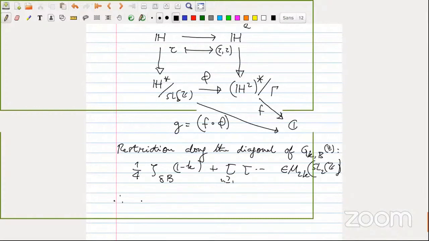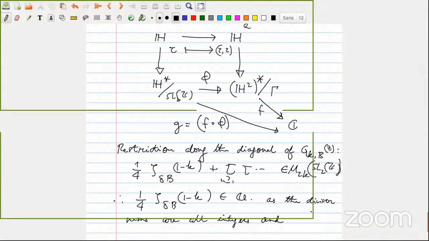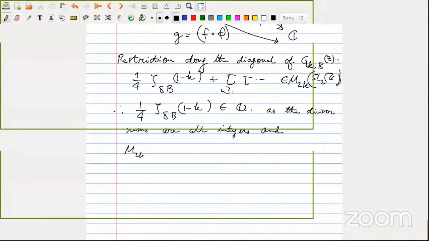So therefore 1/4 times zeta of 1 minus k belongs to Q. This is because the divisor sums are all integers, and M_2k of SL2(Z) has a basis with Q coefficients.